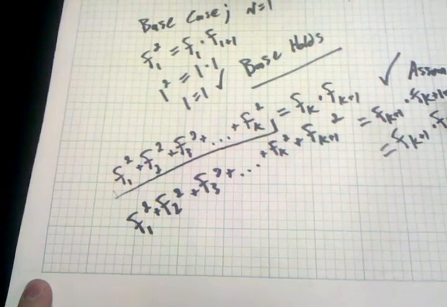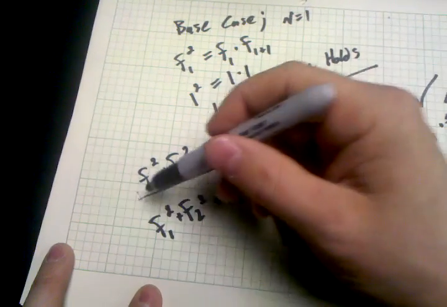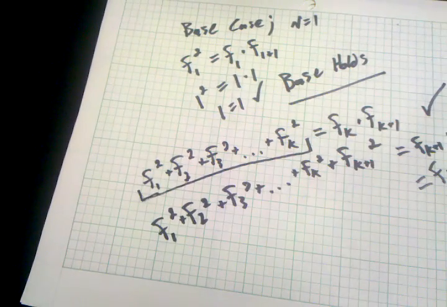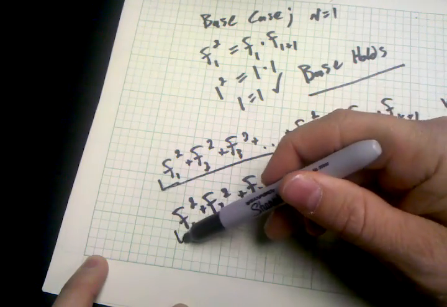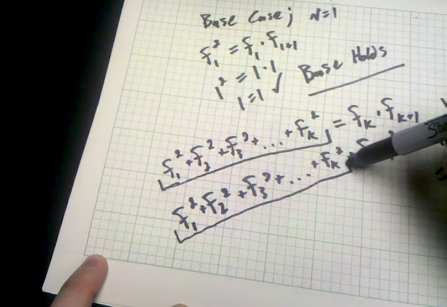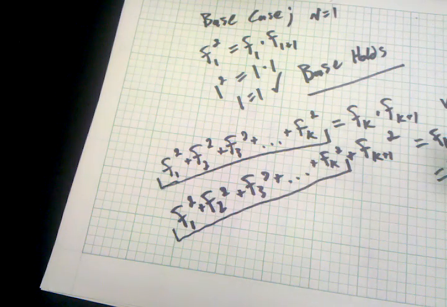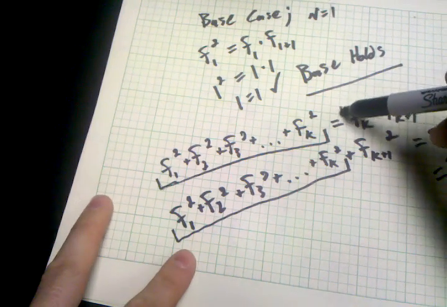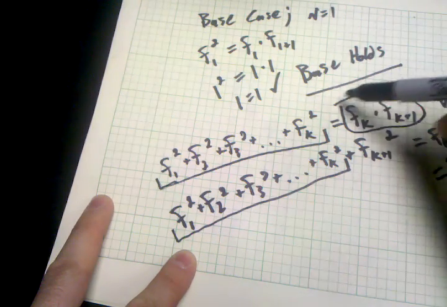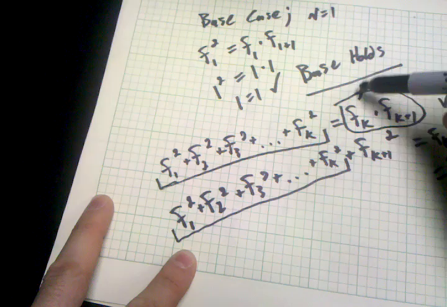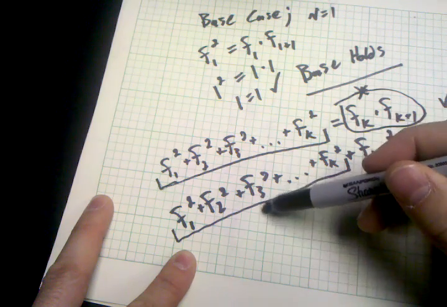Is it true? Well, that's what we're working on. This part here that we took special notice of just so happens to be the same thing as this part, and this is equal to that, so we can take this part and plug that in here.